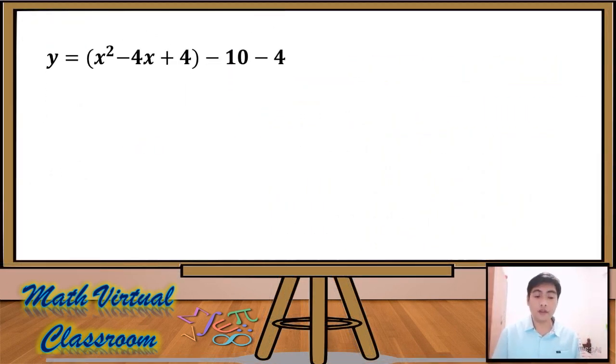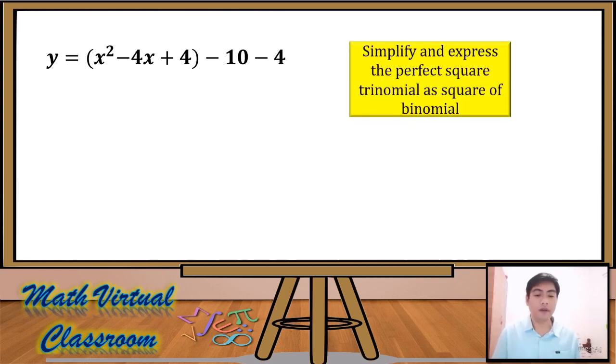Let us continue solving. Let us simplify and express the perfect square trinomial as square of binomial. So how is that? You are going to get the square root of the first term, which is x squared, and that is x, and the square root of the last term, 4, and that would be 2, and we get the sign of the middle term.